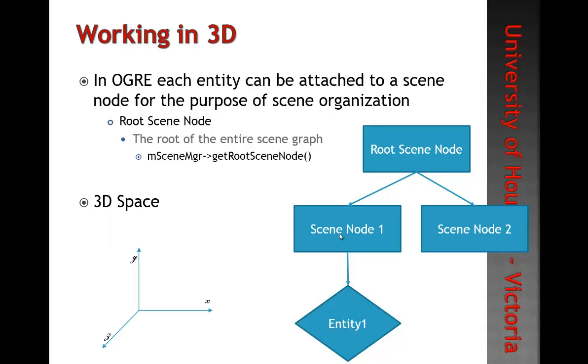Before we go into it, let's talk a little bit about how Ogre represents the 3D space. In Ogre, the way that the three-dimensional space is represented is, if you look at your monitor, your rasterization of the 3D scene is going to happen something like this.